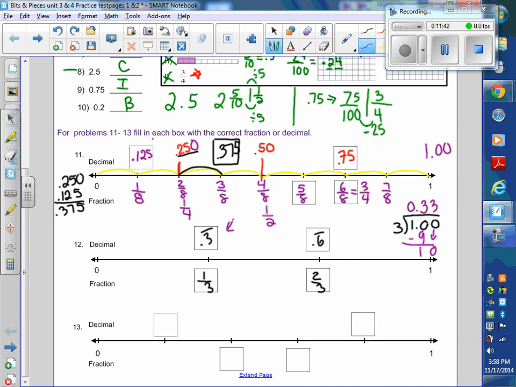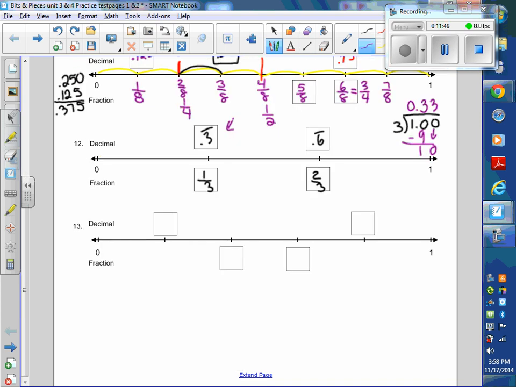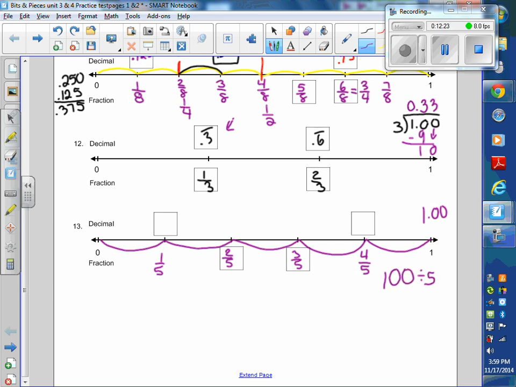And the last one on this page, this is the easier of them. If this was $1, well, first let's see our jump sizes. 1, 2, 3, 4, 5. So this would be 1/5, 2/5, 3/5, 4/5. So we need to figure out what 1/5 is. So if you take $1 or 100 pennies and divide by 5, hopefully you know that's 20 cents.